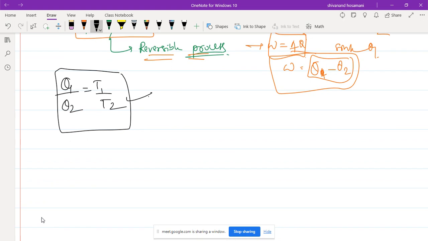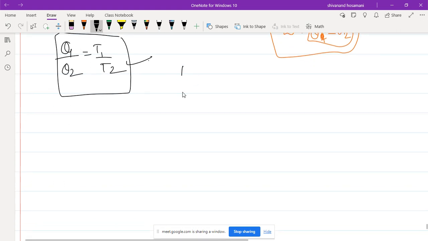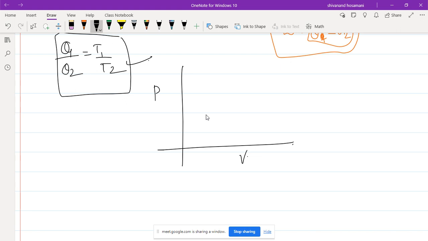If we represent the Carnot engine graphically with a P versus V graph, it looks like this. Here the heat is absorbed into the engine. Then, not adiabatic, this is called an isothermal process.